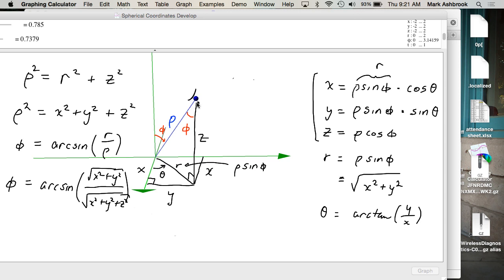We have a change in phi, like this. And then we have a change in rho, like this.